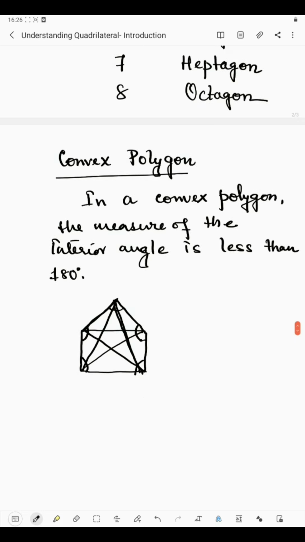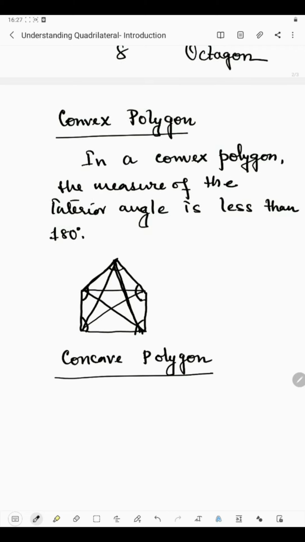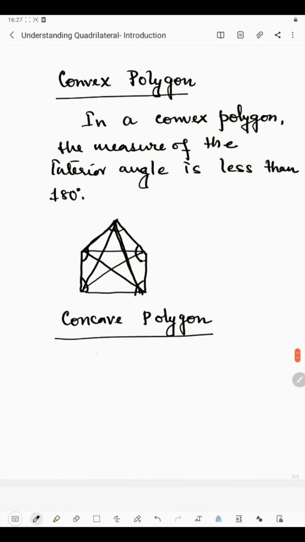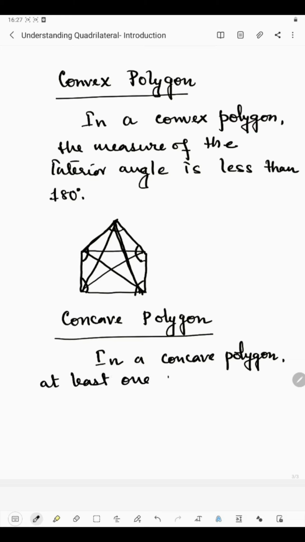Now coming to concave polygon. In a concave polygon, at least one angle measures more than 180 degrees.